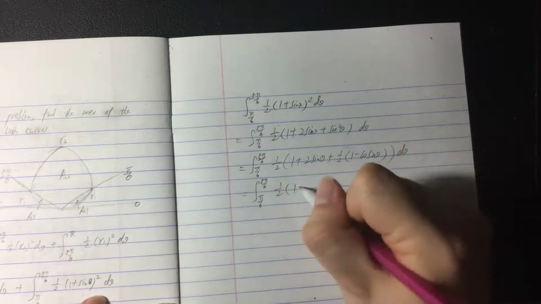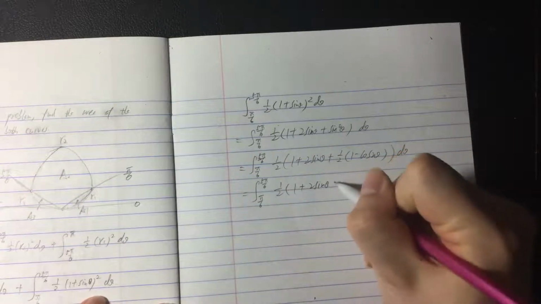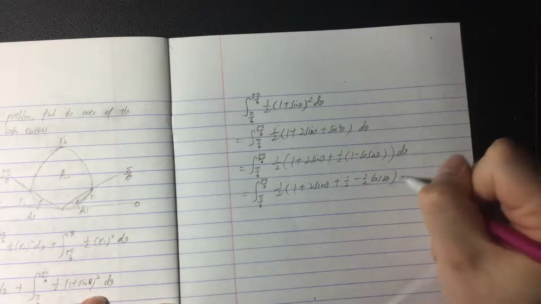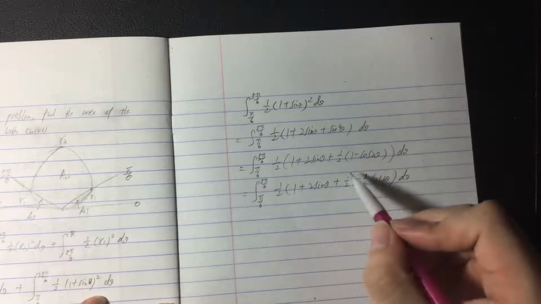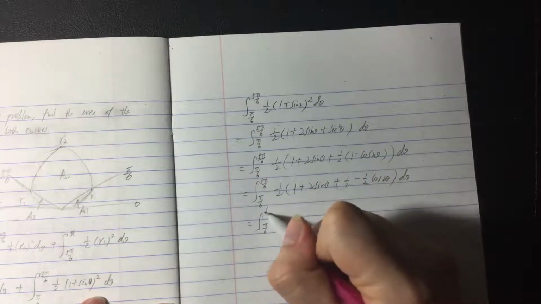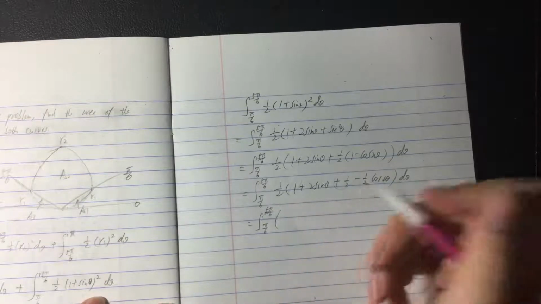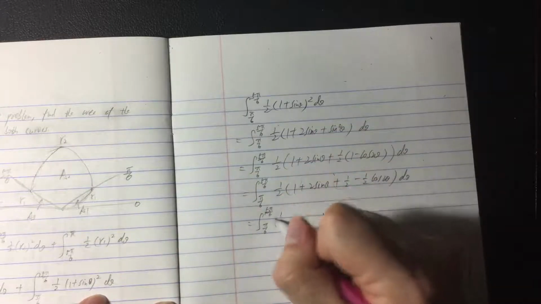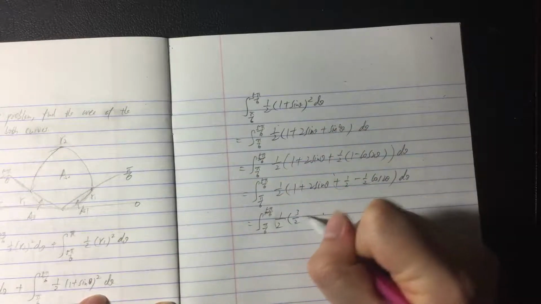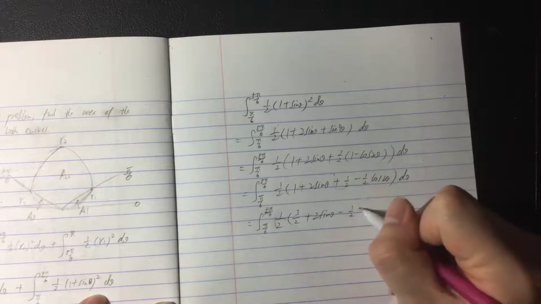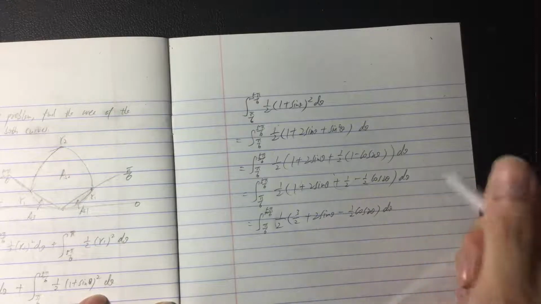Distribute half. Then combine like terms. 1 plus half is 3 halves. Then distribute half.